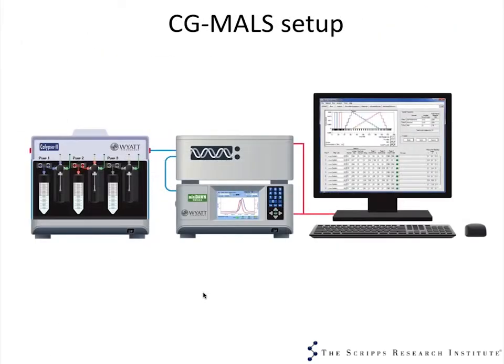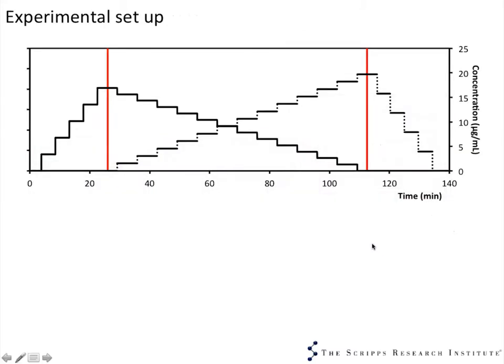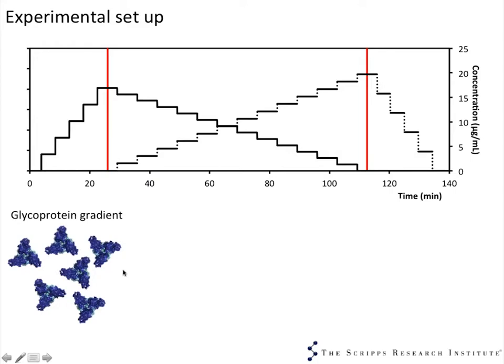So this is what our CG-MALS instrumentation setup looks like, where the GP and the IgG are mixed with the CALYPSO and sent into the UV and the light scattering detectors, and then the data is collected by the CALYPSO software. Our experimental setup looks like this, where we can perform a homoassociation gradient of either the glycoprotein or the antibody.